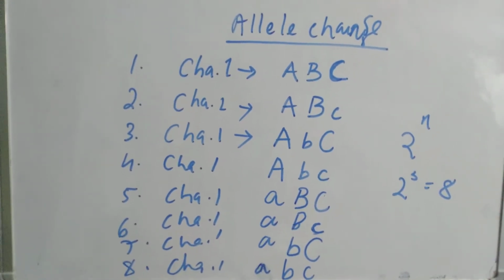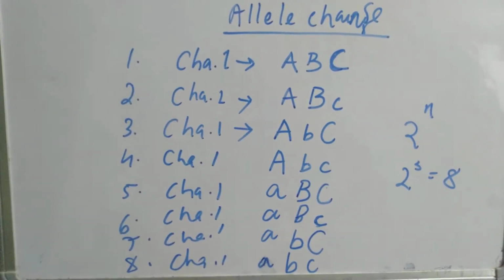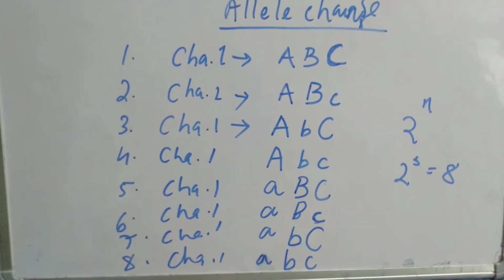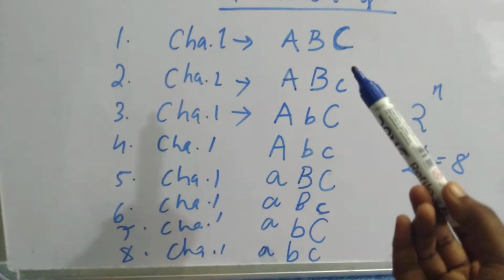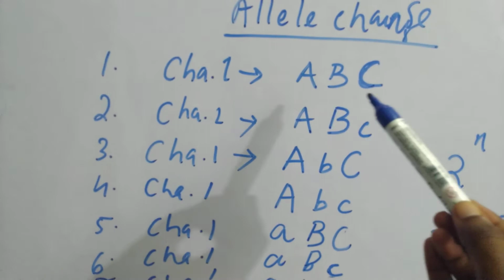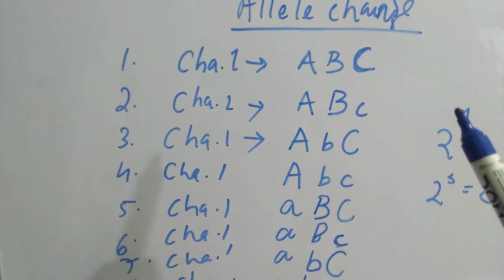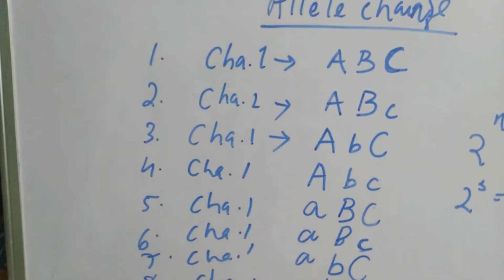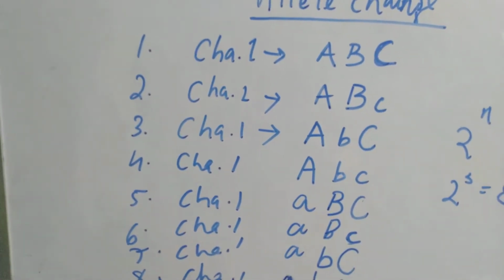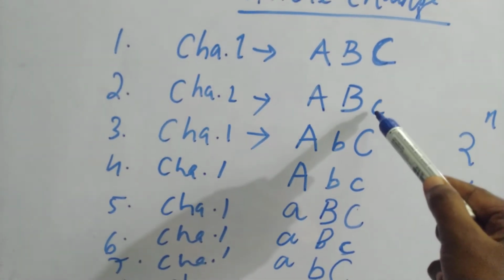Due to this variation, the result of such alleles changes. Like if you have one character with three alleles A, B, C that perform one character, the same character will appear in a different way because of a change in one allele.